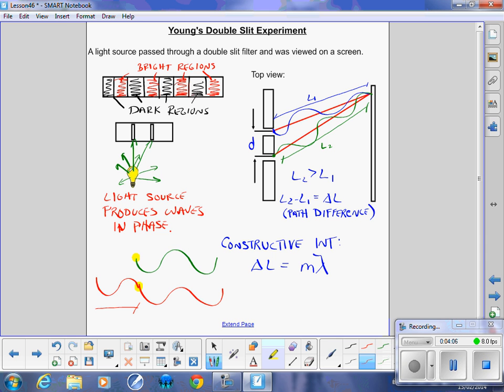So there is my delta L that I'm talking about. So the wavelength has to be an integer value off of 1. So m is an element of integers using your math notation. So how do we create destructive interference?